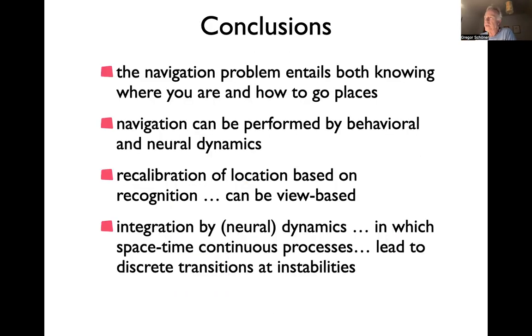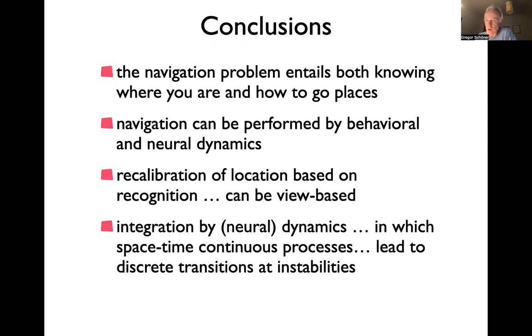So to conclude, navigation entails both knowing how to get places, but also really knowing where you are, and therefore where places are relative to you. And what I illustrate in this one example is that one can do all of that with dynamics. Behavioral dynamics would be these action variables, what we call behavioral variables, but in other contexts you need what I didn't explain here, neurodynamics.